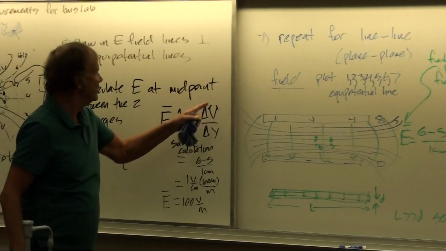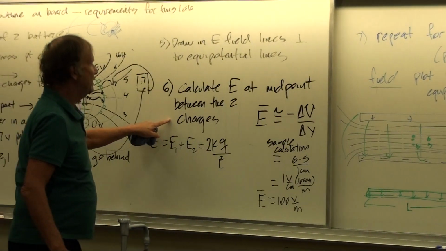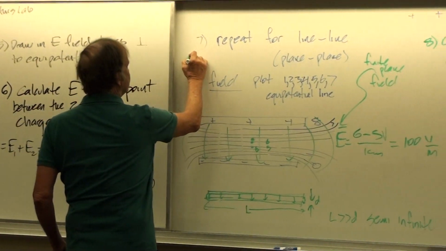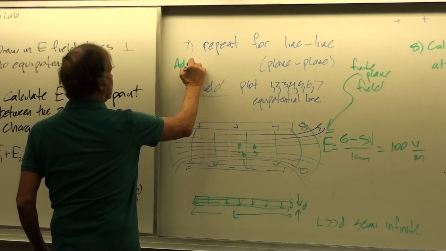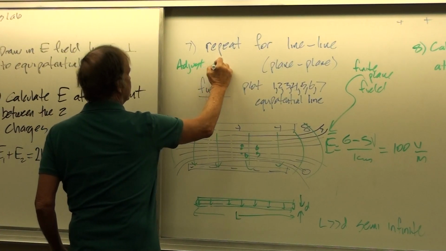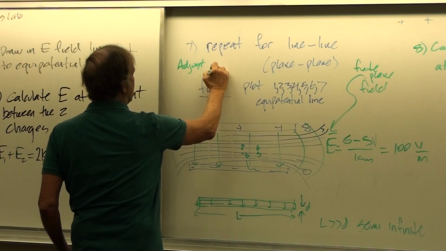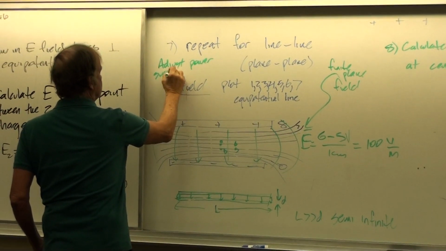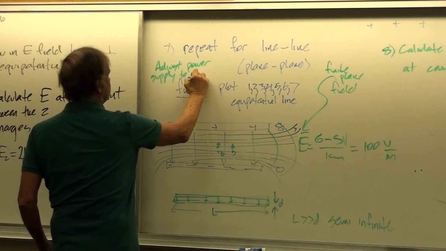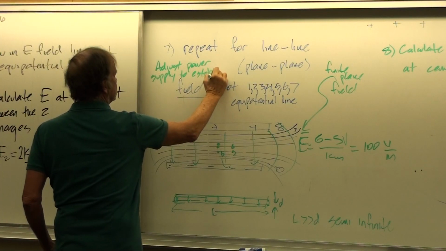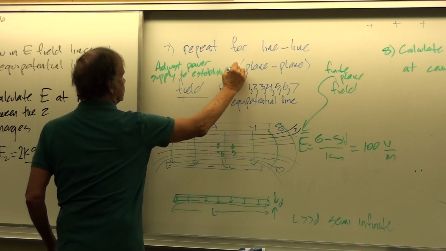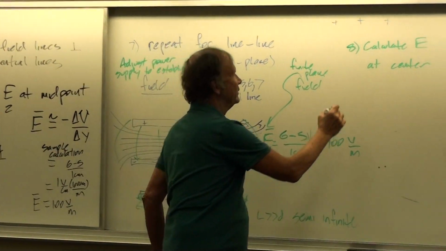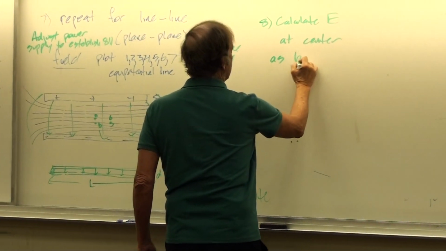You may need to crank this up a little bit to get it to 8 volts. And so adjust the power supply to reestablish 8 volts. And then calculate the electric field at the center as before.